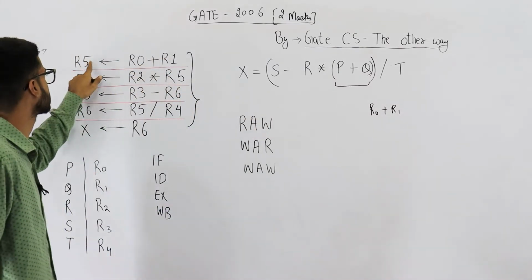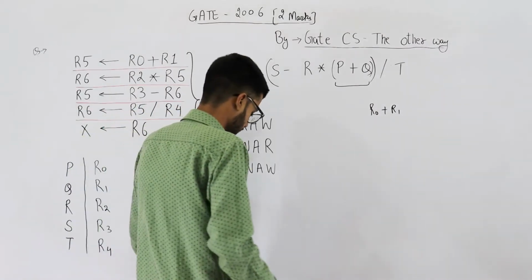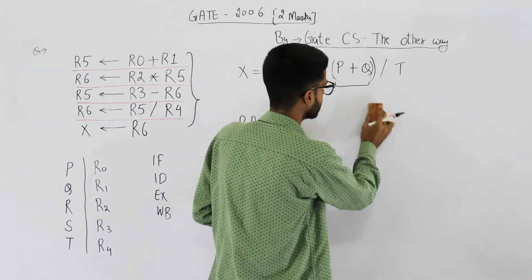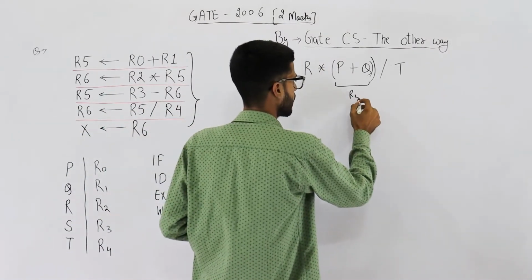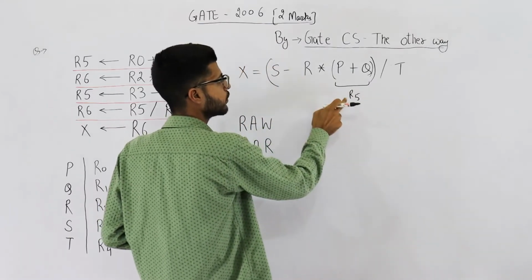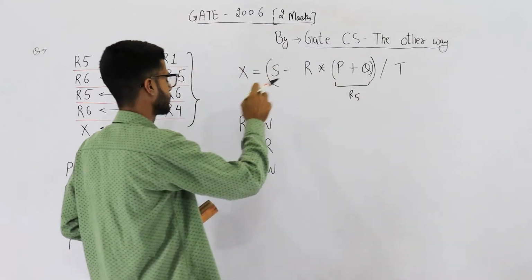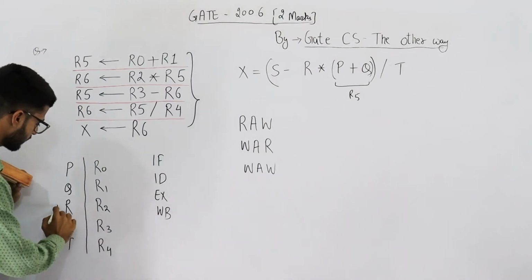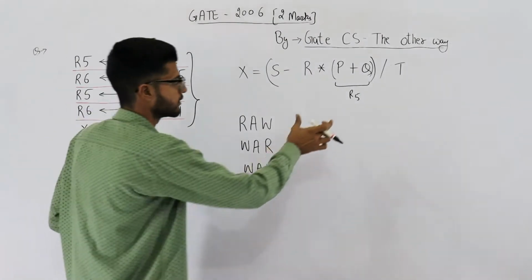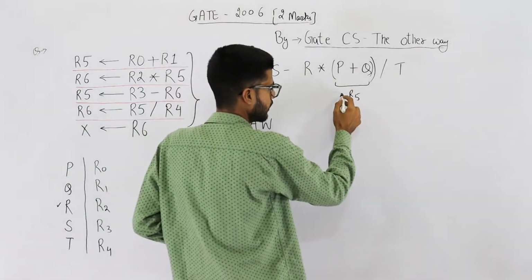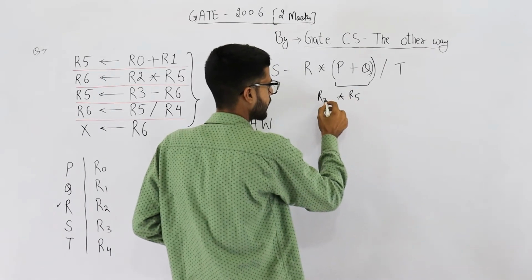R0 plus R1 is saved in R5. That means this result is saved in R5. Now we need to multiply this with R. R is saved in R2. That means R5 is multiplied by R2.